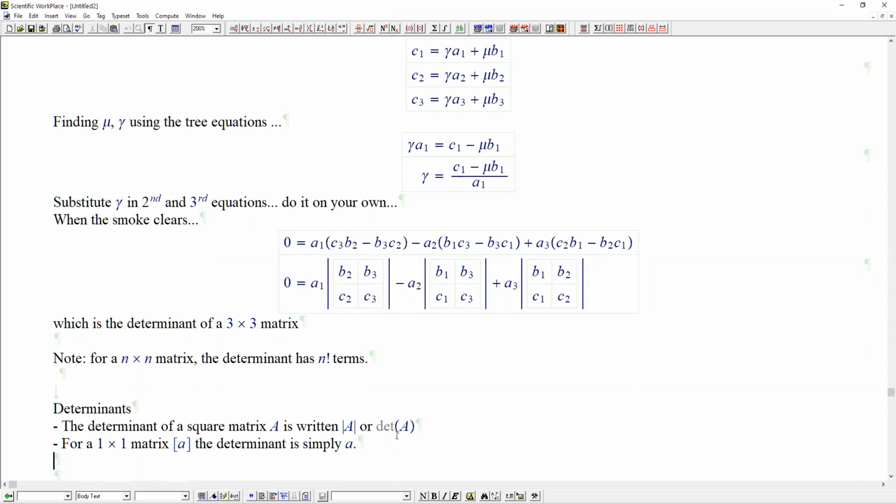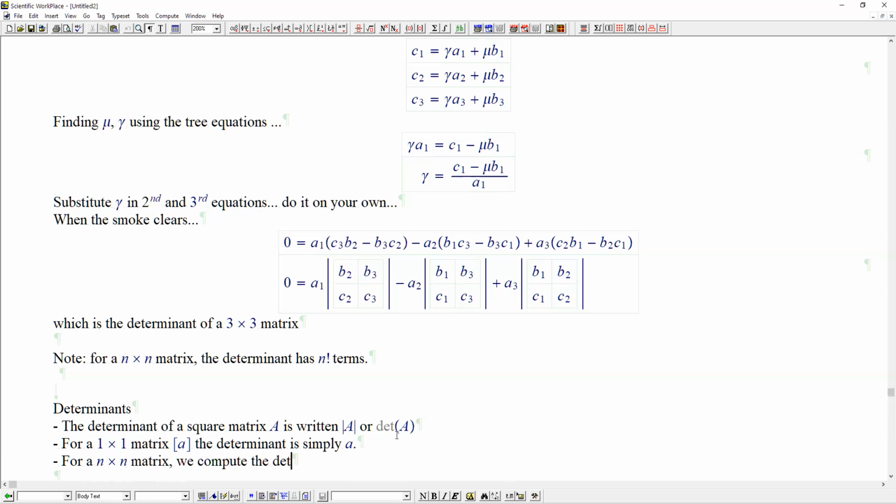And for an n by n matrix, we compute the determinant.